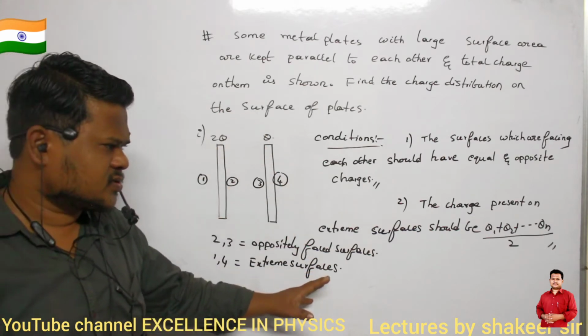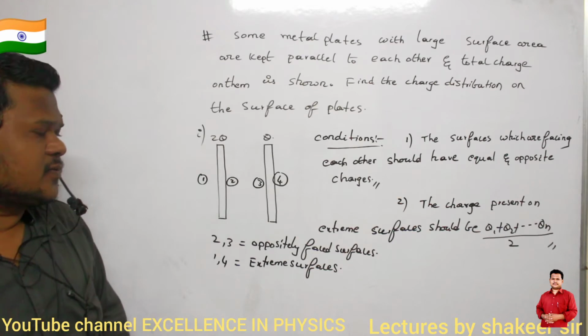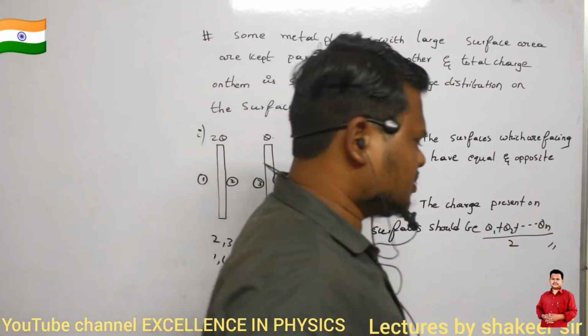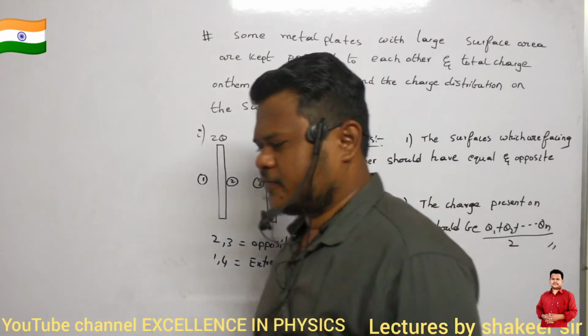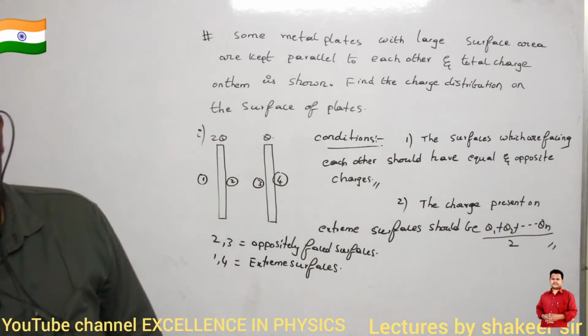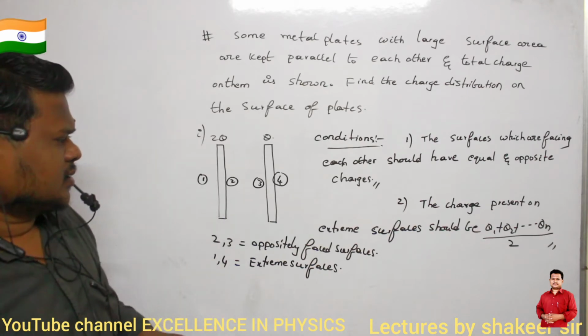Based on these 2 rules, can you say what the distribution of charges on these surfaces is? Can anybody say?